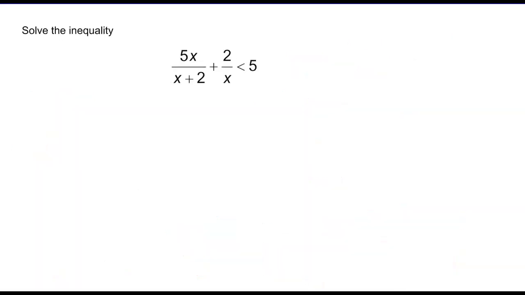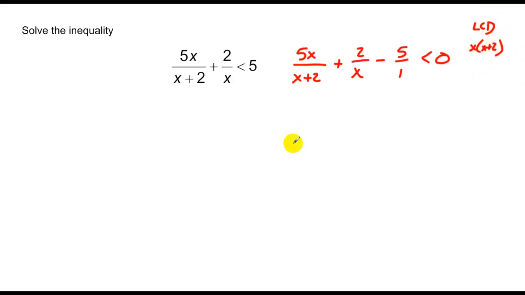Last example. Again, set that side equal to 0. We have 5x over x plus 2 plus 2 over x minus 5 over 1 less than 0. LCD in this case is x and x plus 2. I create that LCD of x and x plus 2.